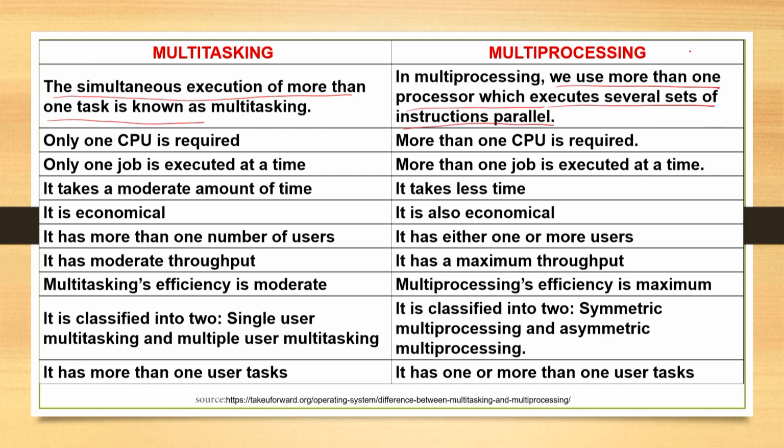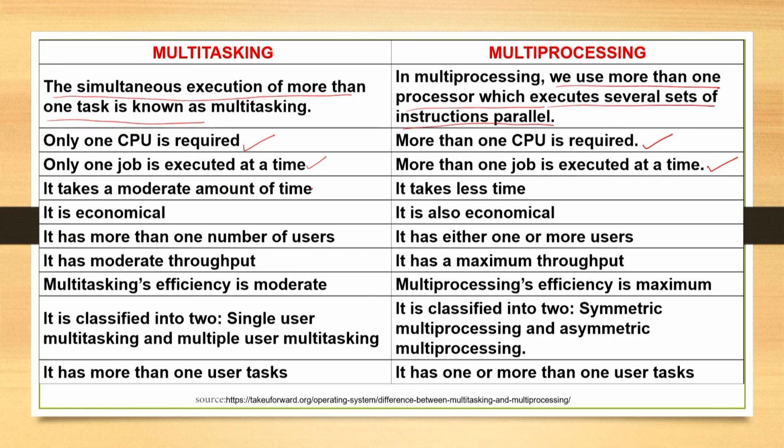Here a single processor is executing a number of tasks simultaneously. In case of multitasking, only one CPU is required, and in case of multiprocessing, more than one CPU is required. In multitasking, only one job is executed at a time, whereas in multiprocessing, since you have more processors, more processes can be executed at a given time.